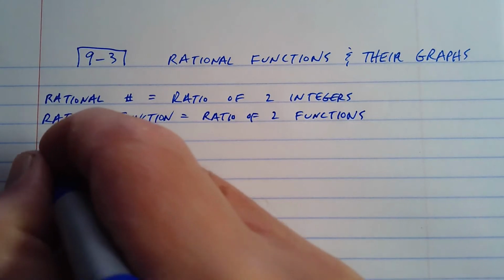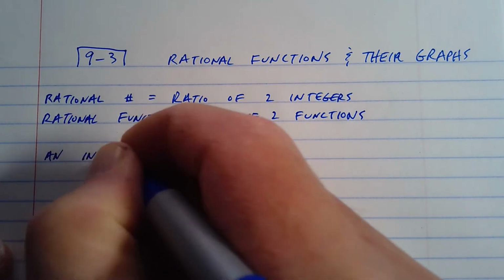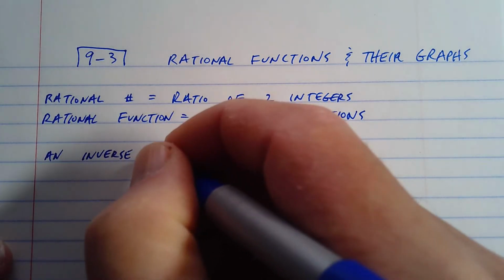And so an inverse variation, the one we spent the last two lessons on, is an example of a rational function.